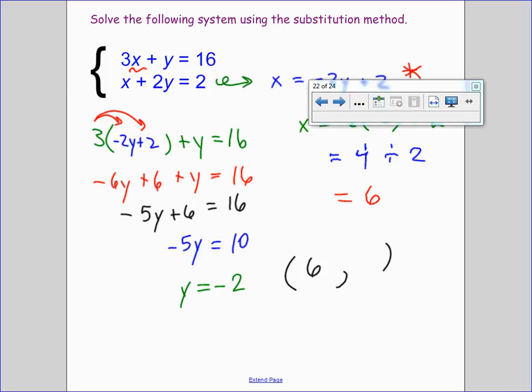So 6 comma negative 2, is that better? Let's check. Does 3 times 6, 18, plus a negative 2 equal 16? Yes. So the first is satisfied. Does 6 minus 4 equal 2? Yes. So the second one is satisfied. So we found our winning combination. That's great.